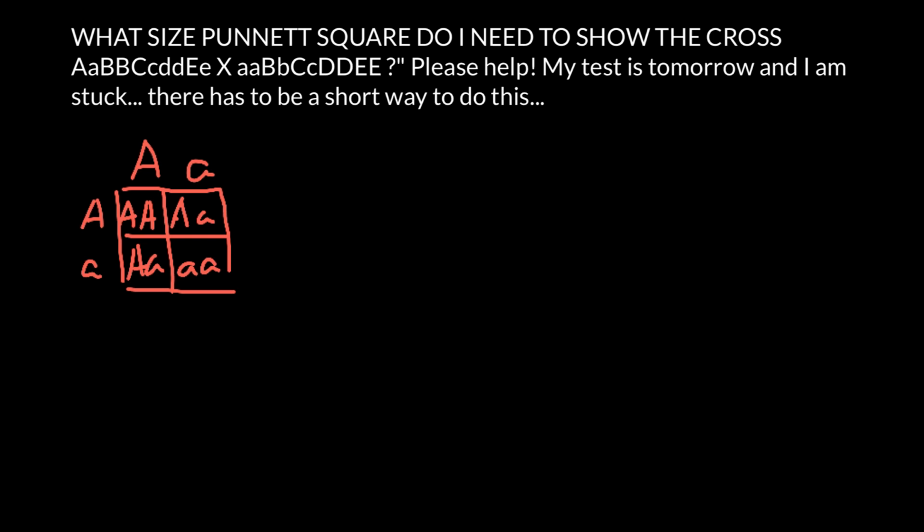So with one gene and two alleles, we got a Punnett square that is 2 by 2. So let's write down this number. This is 2 by 2, and we have 4 cells.